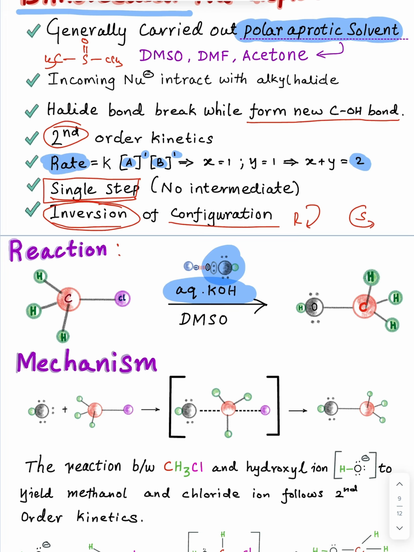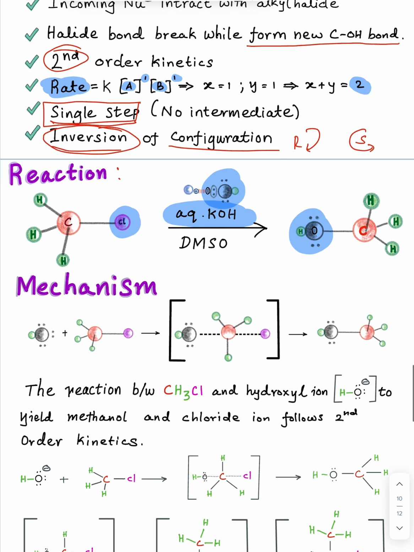The hydroxyl group replaces the halogen atom, so methyl chloride is converted into methanol. Now listen carefully. Let me discuss the mechanism, then only you can understand how the product is obtained from the inversion of configuration point of view.